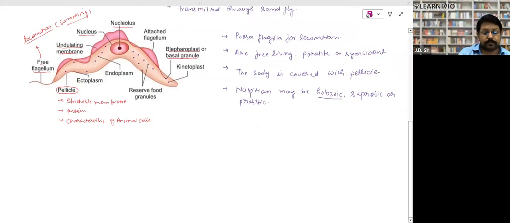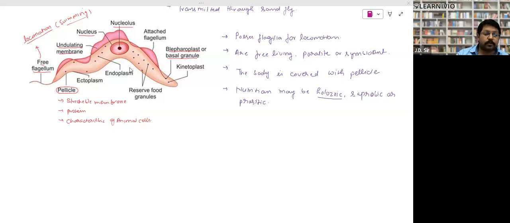So parasitic, note it down. In parasitic nutrition, when an organism is dependent on another living organism for its food, but it does not kill it, it is called parasitic nutrition, right?